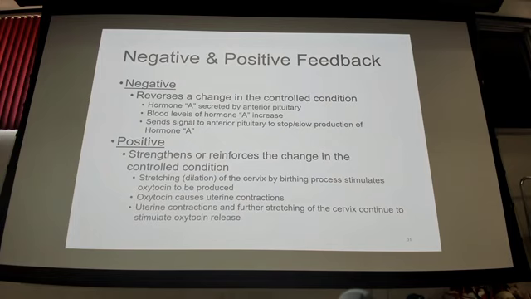Negative and positive feedback loops. In general, this is just a generic example of a negative and positive feedback loop. So if you have a negative feedback loop, you have some hormone from the pituitary, let's just say adrenocorticotropic hormone, right? It's going to signal our adrenal gland to make more cortisol, make more steroid.